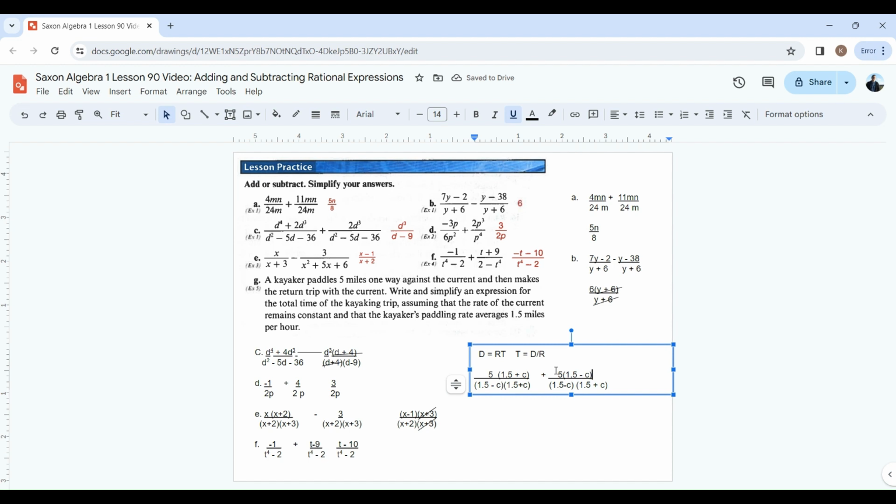Now I can actually do the addition on the top. Maybe I should just distribute on top right away and then add what I can.